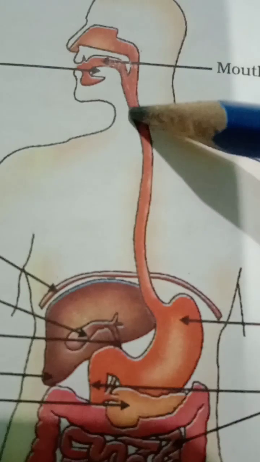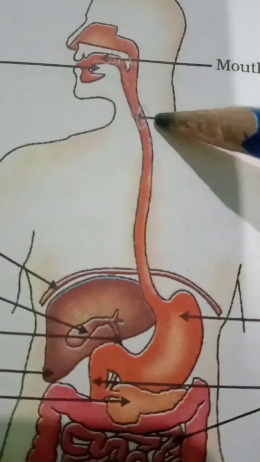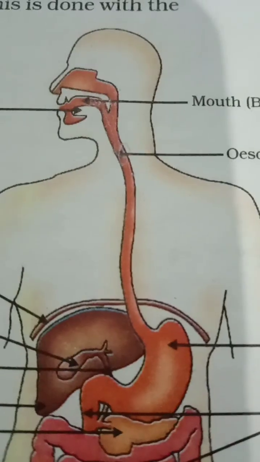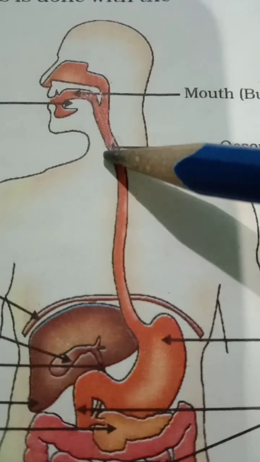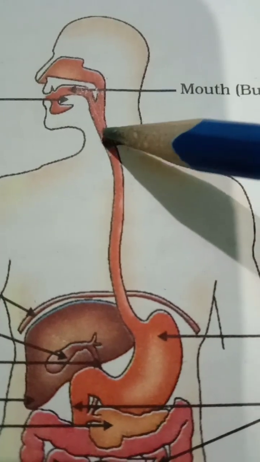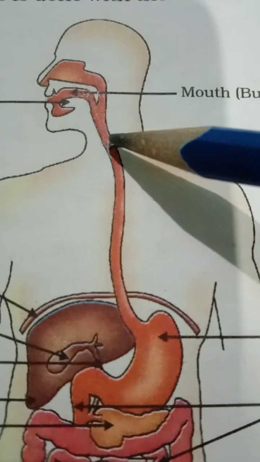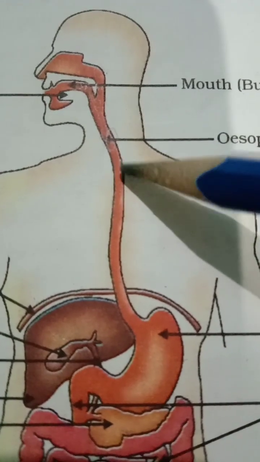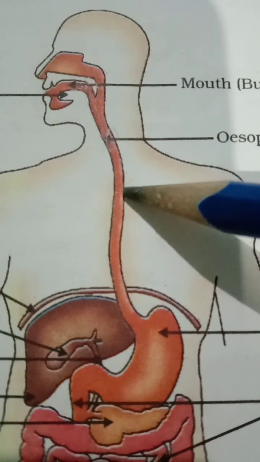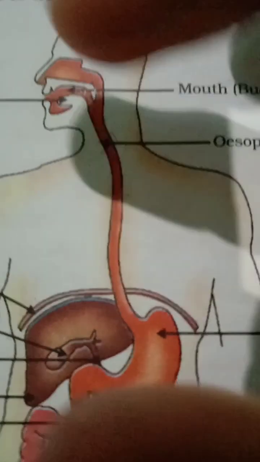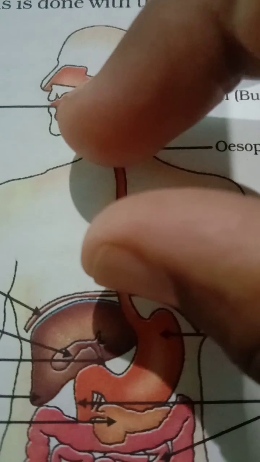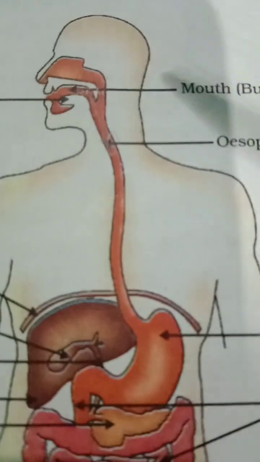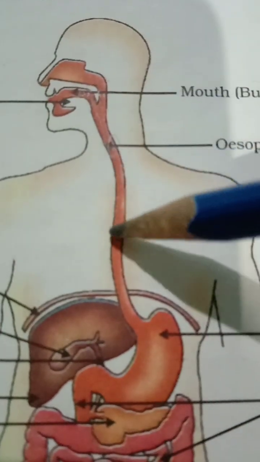When food enters here, that part gets expanded and stretched. Then it goes on, so it will contract, and again the other part will expand and contract. That means expansion and contraction, like that the movement happens in the esophagus.